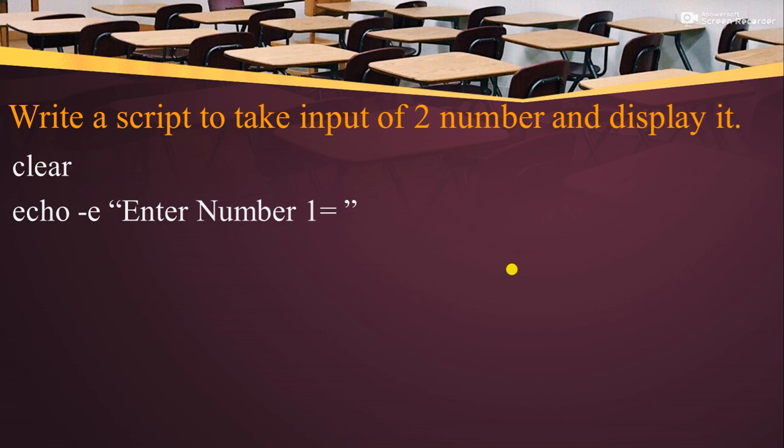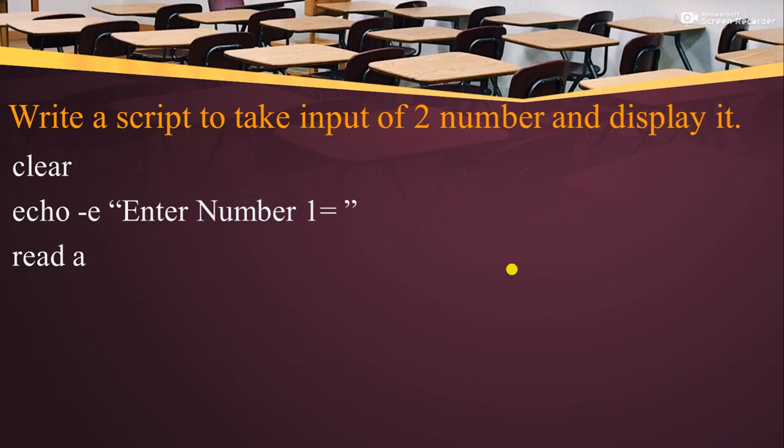Our command will be echo minus e, double inverted comma, enter number 1, double inverted comma close. Echo will display this message and minus e will display it in a new line. Next we will take the input of number 1 by using the read command and the variable a. So number 1 is stored in the variable a.